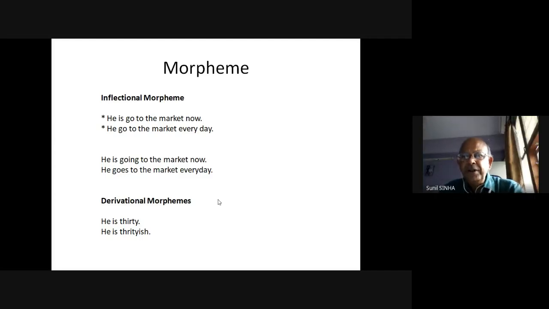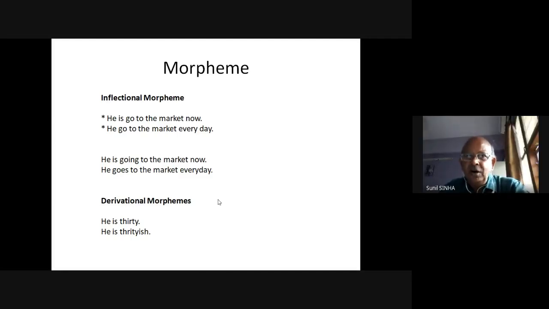Right? He is 30. But when we add ish to 30, the meaning of 30 changes, or the meaning of 30 expands. What is the meaning of 30-ish? He can be less than 30, he can be more than 30, and he can be 30.